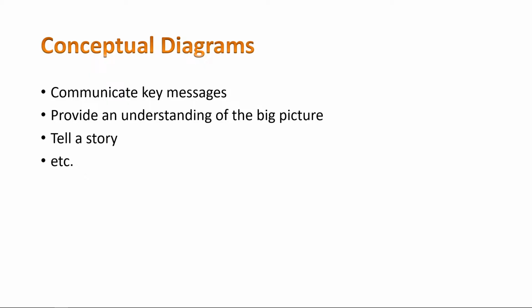Sorry, that would be for the visual abstract. Here we are talking about the conceptual diagram, not the visual abstract. Sorry, I got confused. For the conceptual diagram, there are key messages that you want to communicate through the diagram.